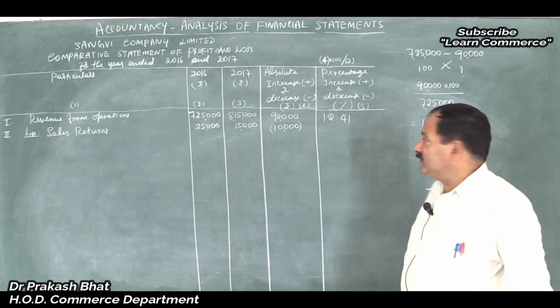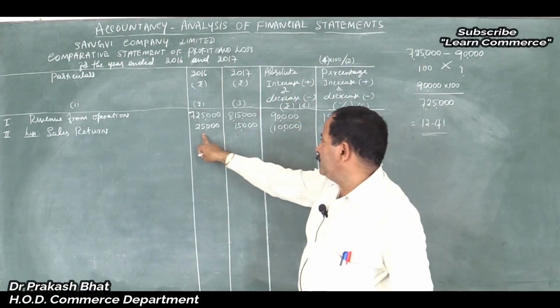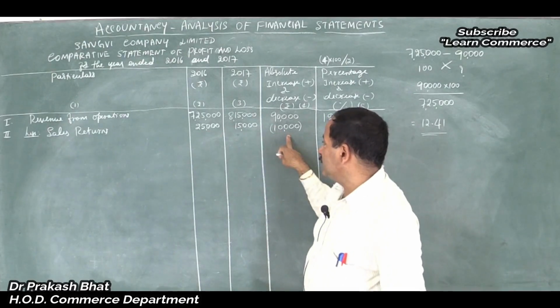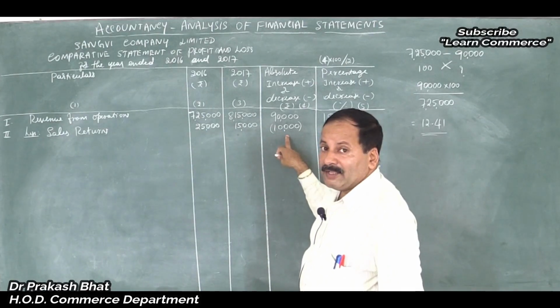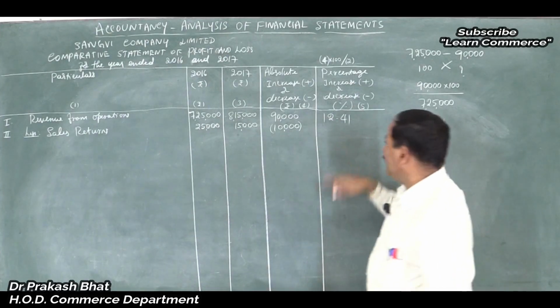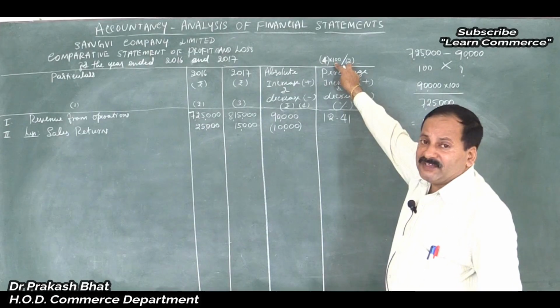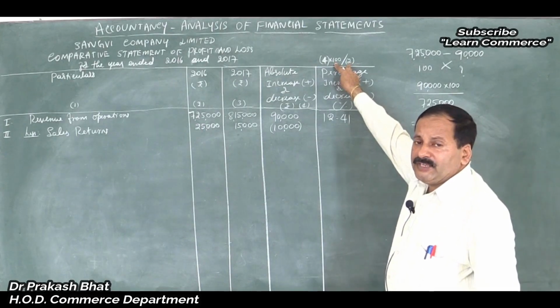Now do the calculations as I already told. For 25,000, a decrease of 10,000, for 100, how much? Very, very simple. I will write here. The formula is here. So calculate for each of the items.